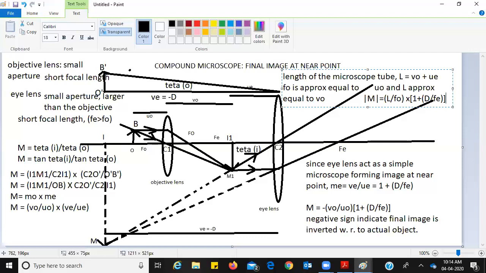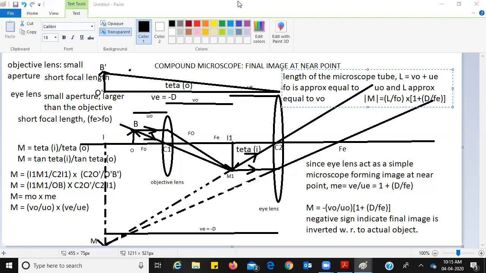You can check and tell me any confusions. So how is L approximately equal to VO? You take that as an assumption.